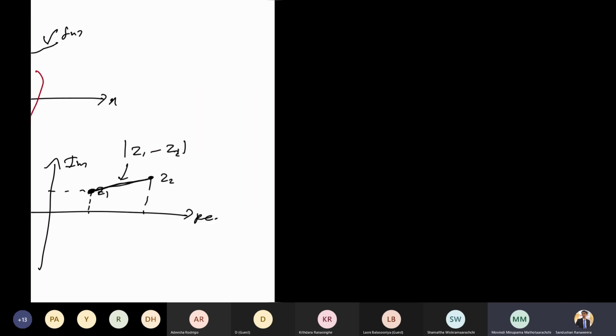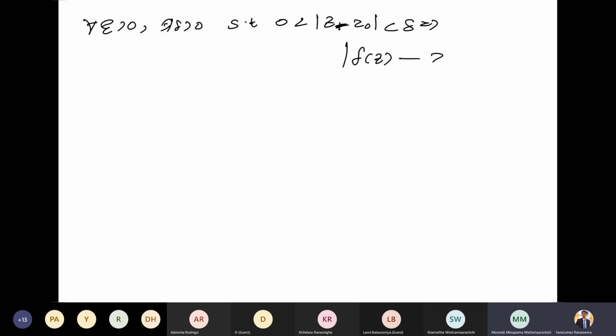So I'll write a similar definition. For all epsilon greater than 0, there exists a delta greater than 0 such that 0 less than |z minus z0| less than delta implies |f(z) minus L| less than epsilon.